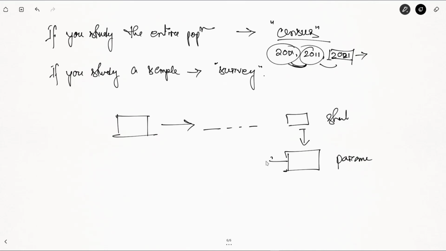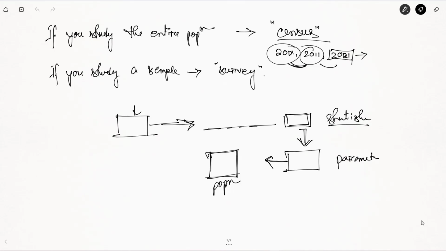And parameters are associated with population. So that is the workflow. You select a sample, you collect information on the sample, you calculate certain characteristics, those are called statistics. On those statistics you make assumptions about the parameter, and the parameters reflect the entire population. That's why we need statistics and parameter.